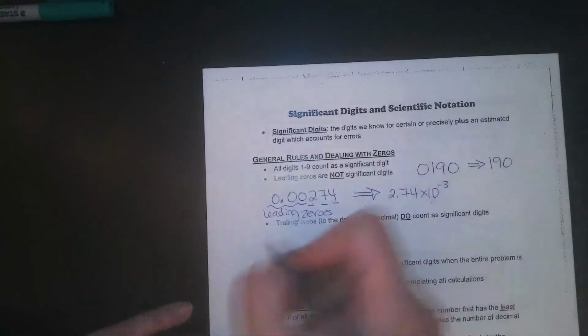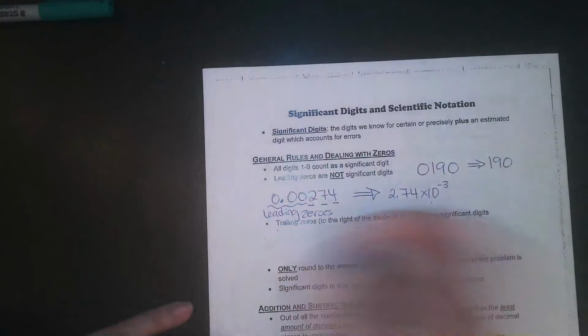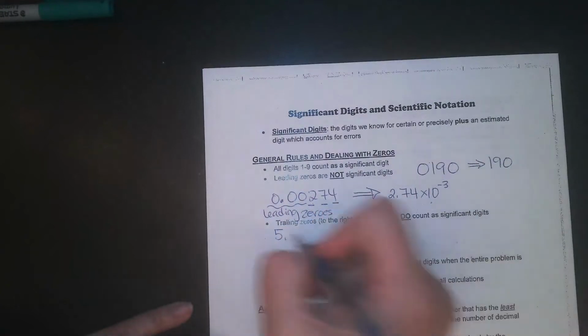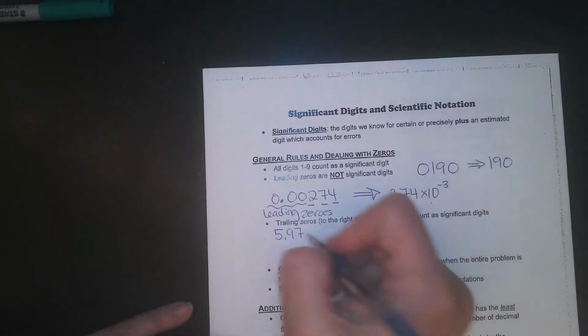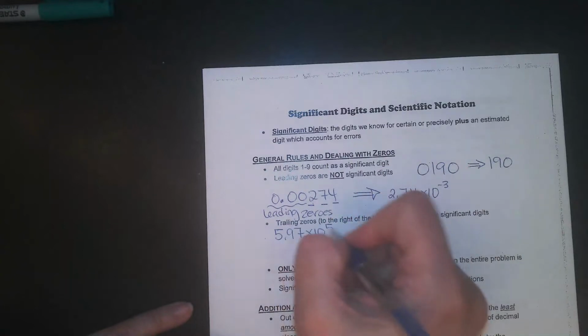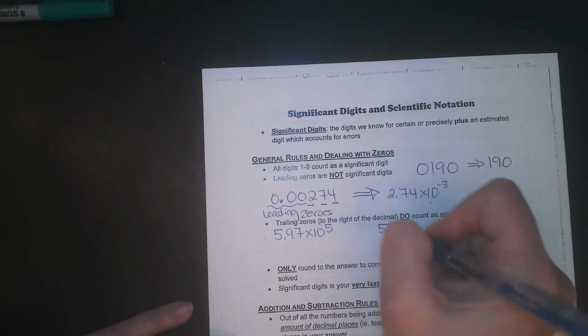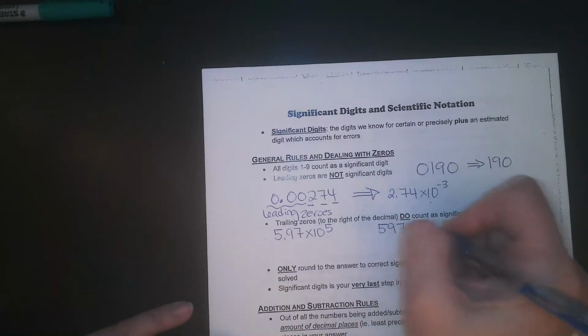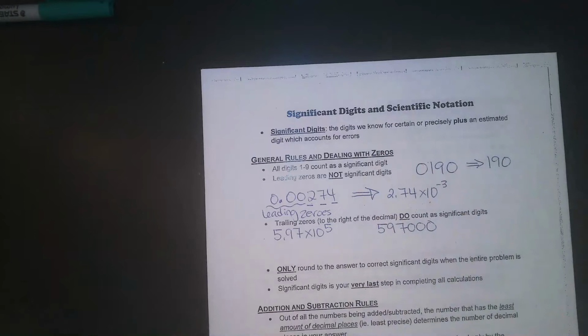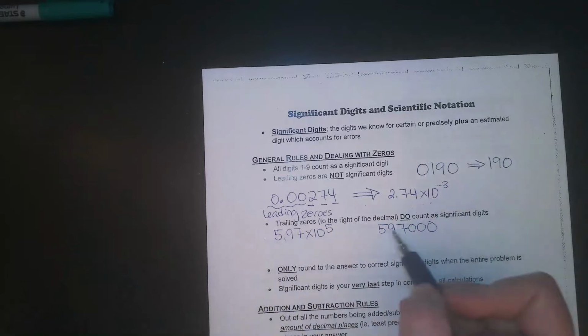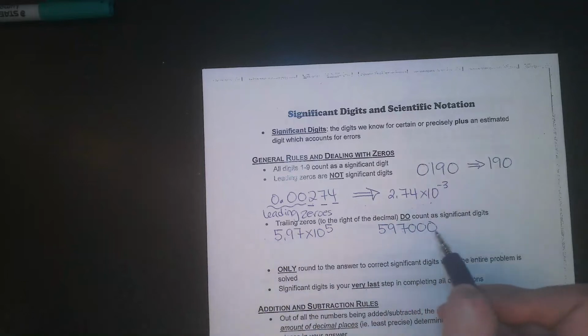Now, if I was to write this number, this is very important here. There is a big difference in the precision between 5.97 and 5.97000.